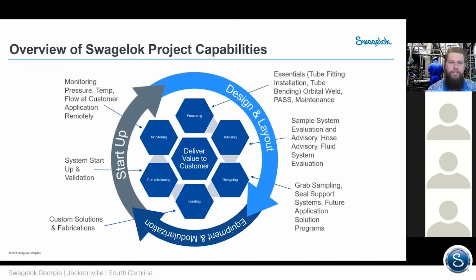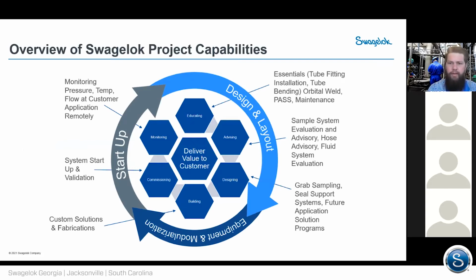So again, it's just starting off. I just wanted to touch a little bit on our capabilities and drive into why and how we really support analytical instrumentation. So you're probably really familiar with our ability to offer education services around fitting installation or tube bending, things like that.